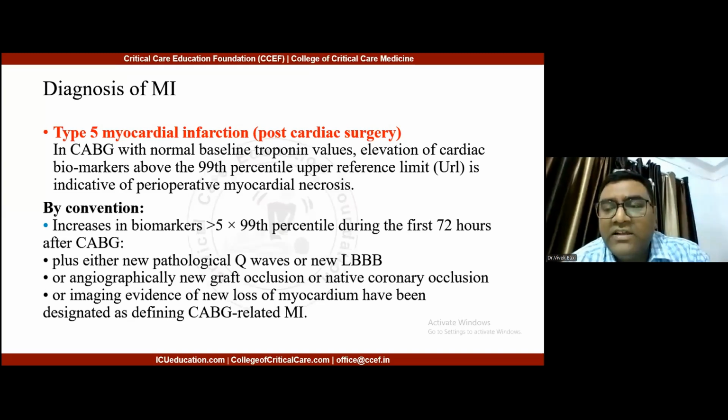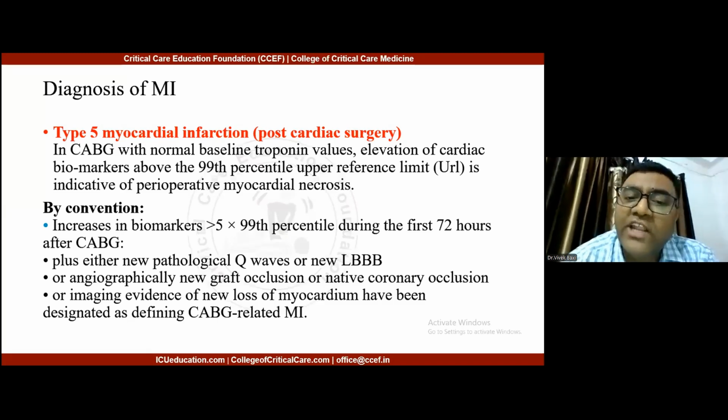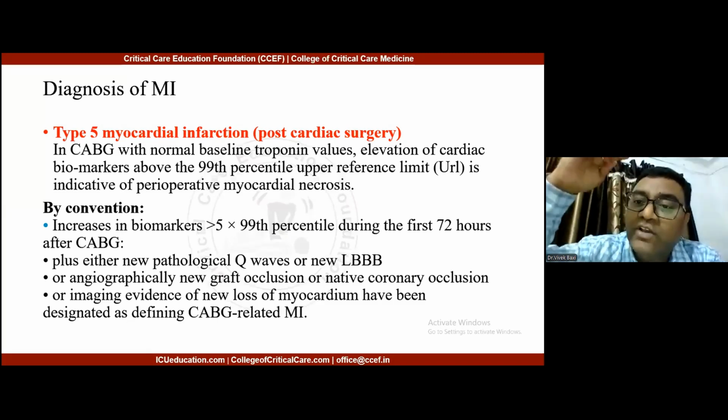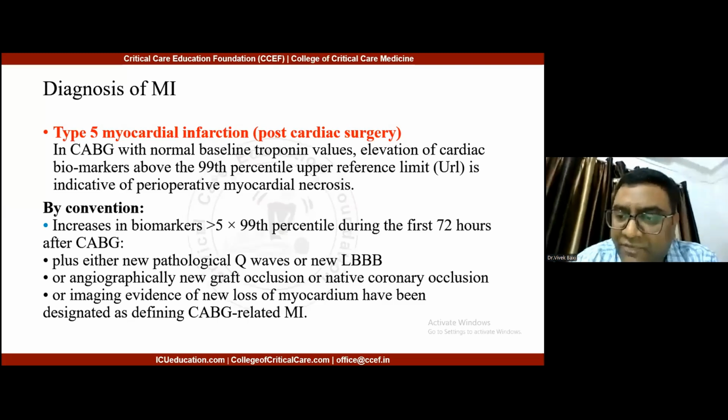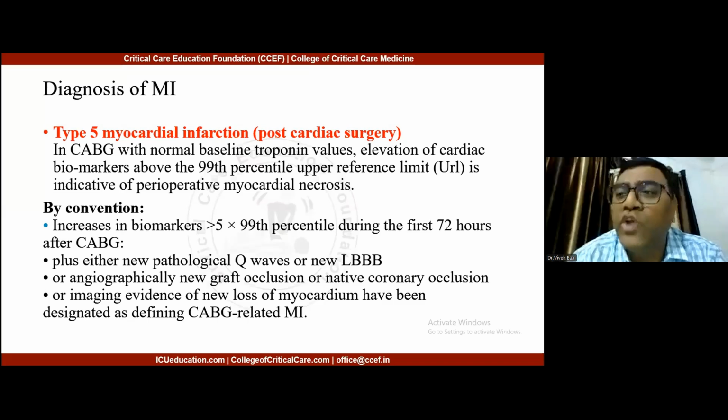So these are the changes that you may see in a patient, and you need to keep them in mind. CKMB, troponin post surgery within 72 hours, biomarkers more than 5 times the 99th percentile of the upper reference limit in the first 72 hours, plus new pathological Q waves or new LBBB.